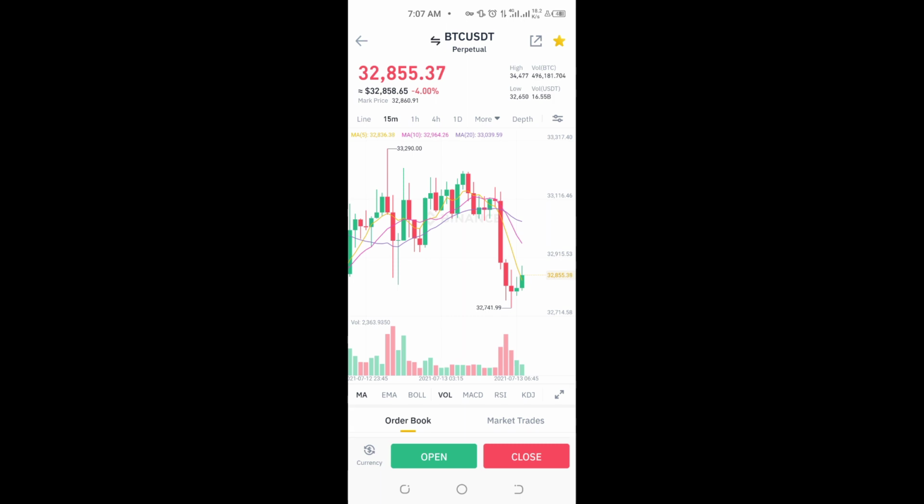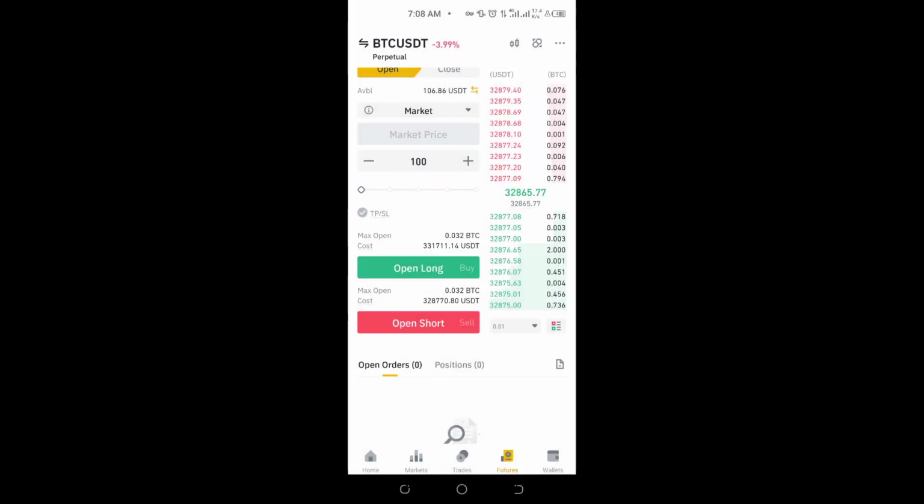As you can see, the price of Bitcoin has been falling for some time now, and currently there is a retracement in the market. So let's quickly take a buy trade. We don't want to trade everything we have.